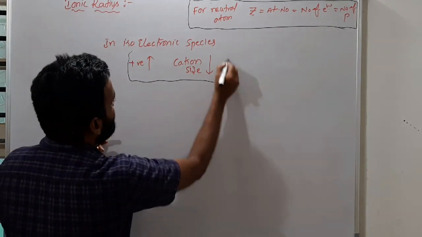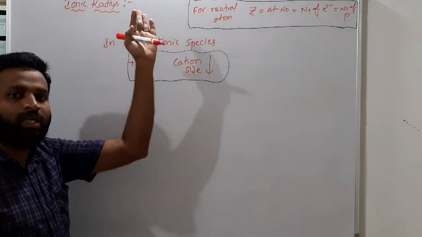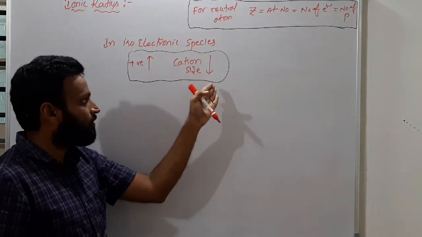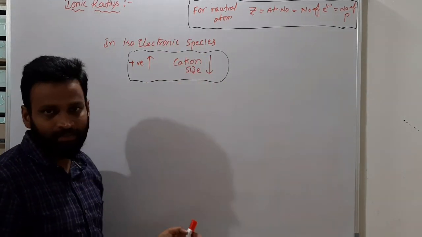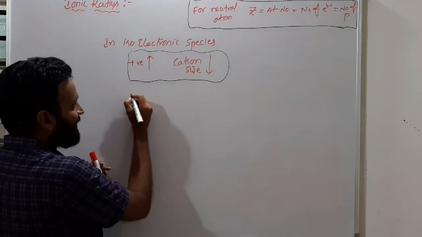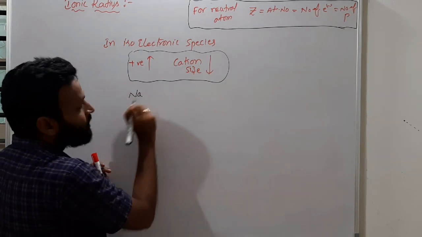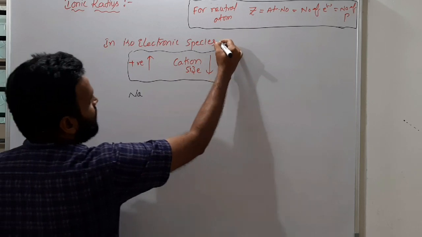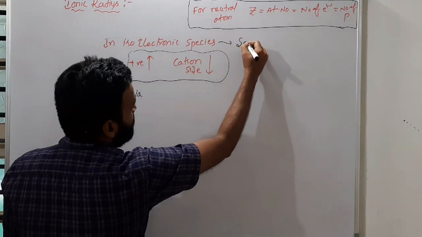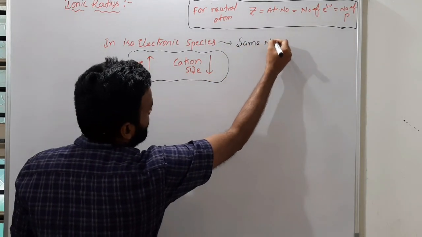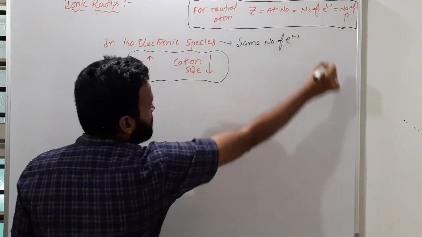This is very important for us. If positive charge increases, cation size, what will happen? Decreases. Getting? So here I'll give you some isoelectronic species. Isoelectronic species means, what I told you, having the same number of electrons.